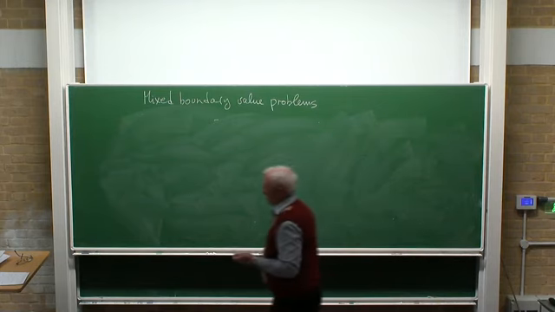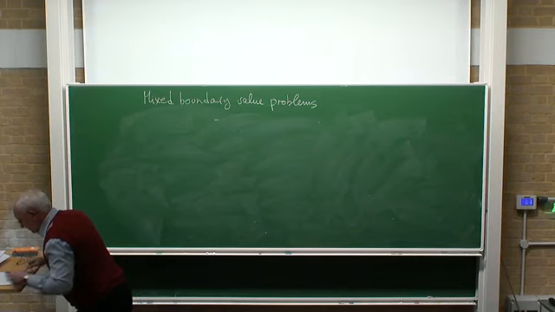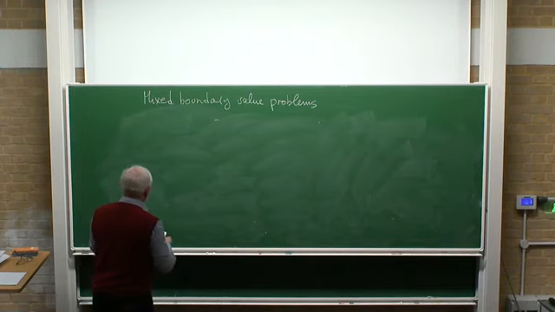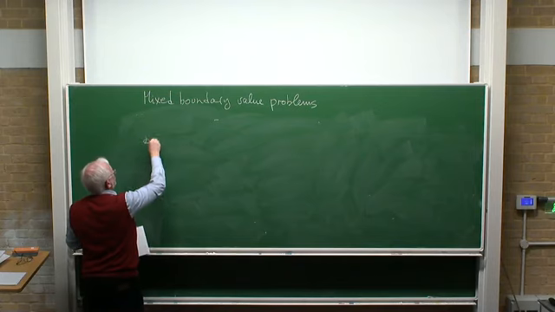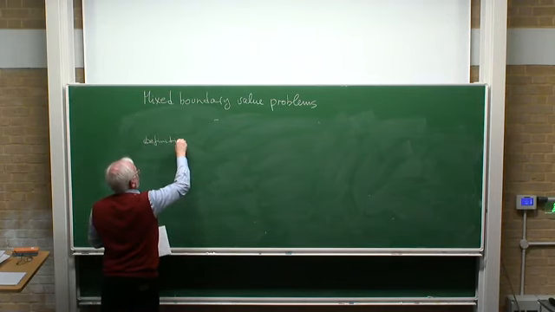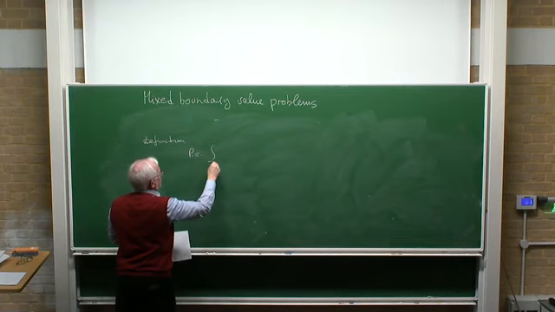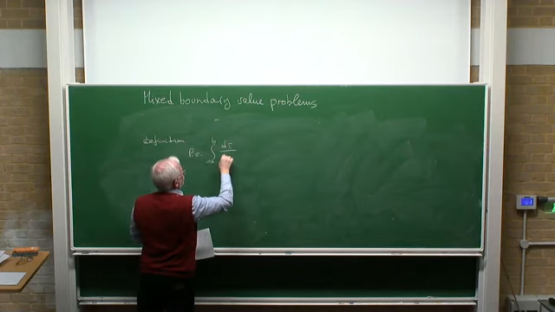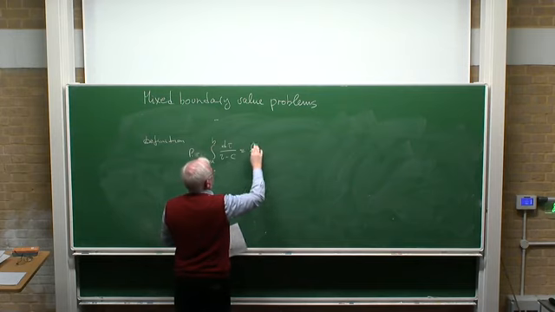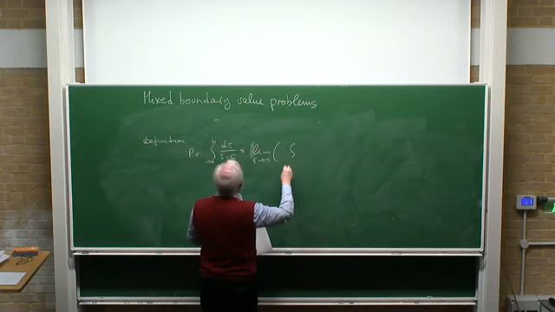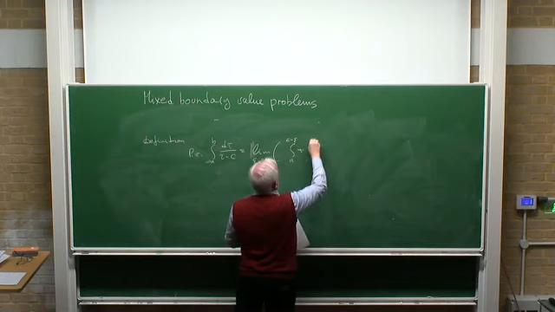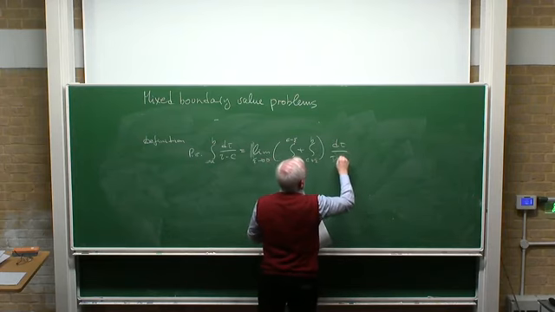Then two definitions. First definition: principal value integral from a to b of d tau over tau minus c is equal to the limit as epsilon tends to 0 of the integral from a to c minus epsilon plus the integral from c plus epsilon to b of d tau over tau minus x.